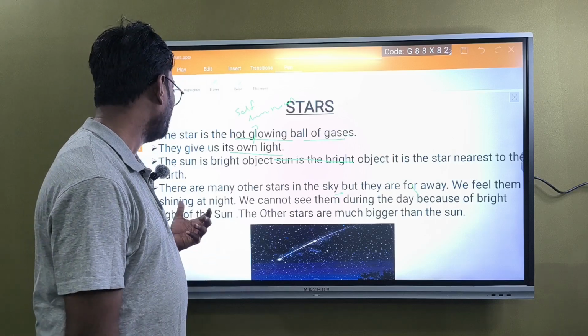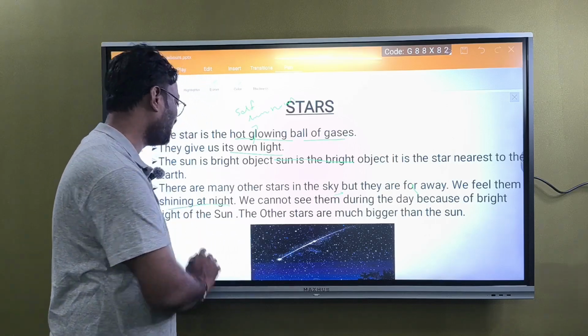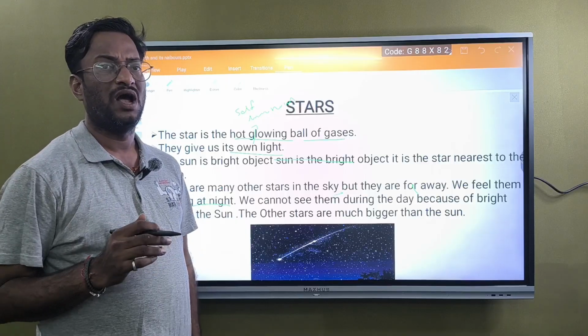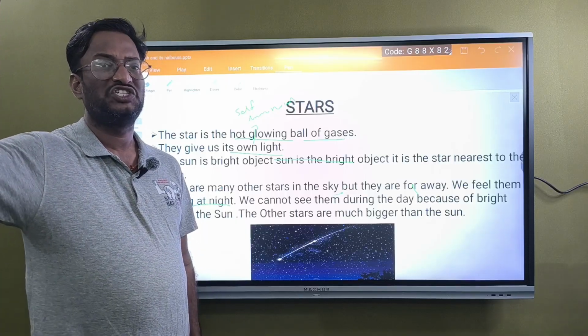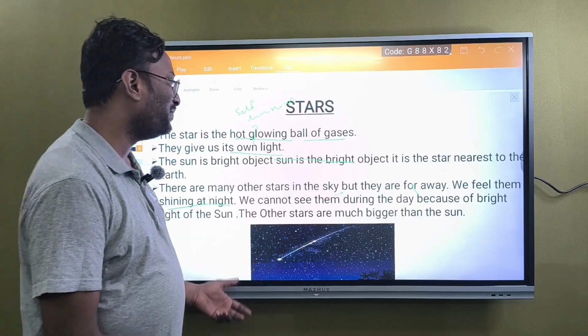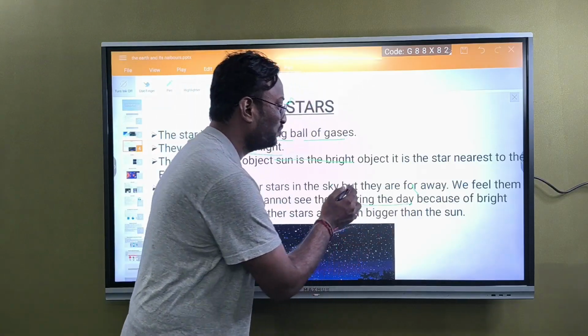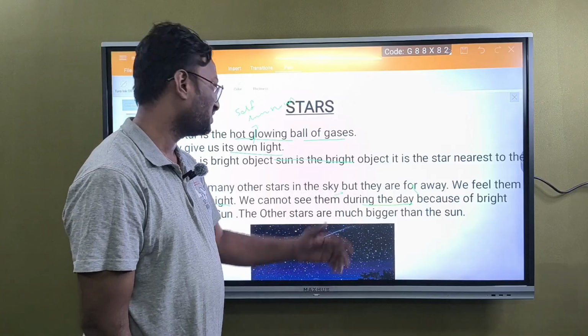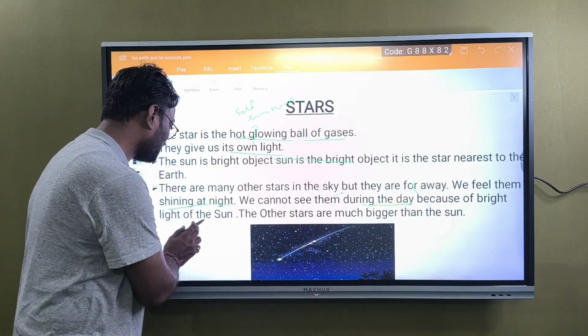We feel them shining at night. Especially at night we can see those stars, which are very far away from us, and they seem to be shining. We cannot see them during the day because of the bright light of the sun.